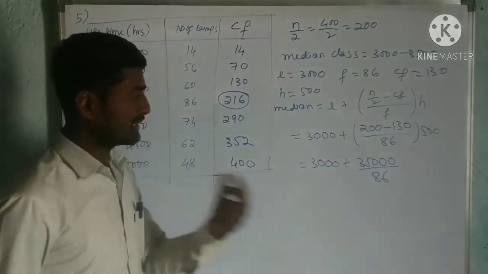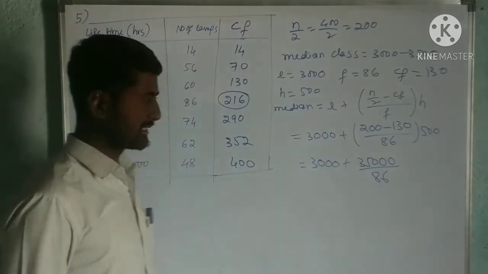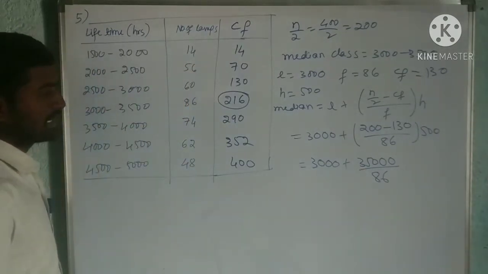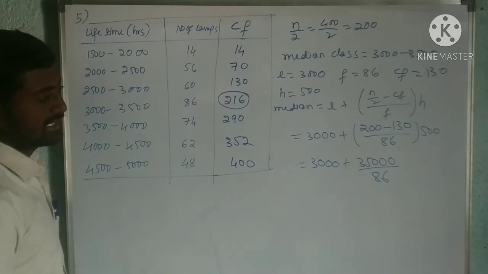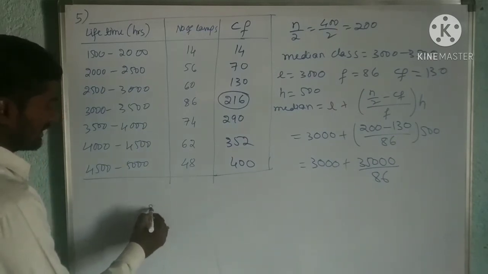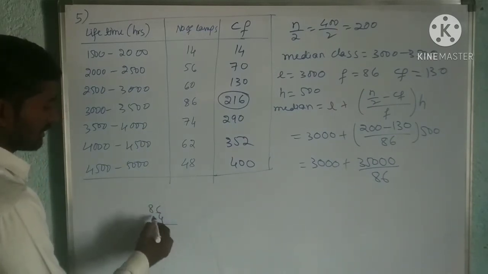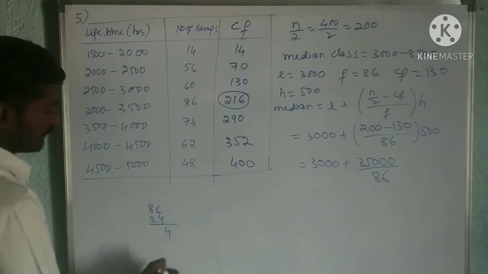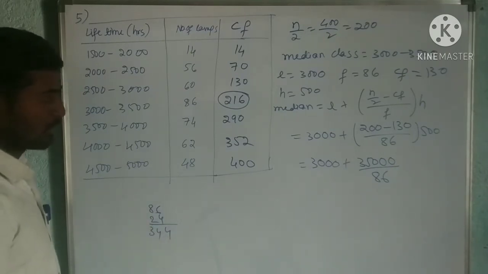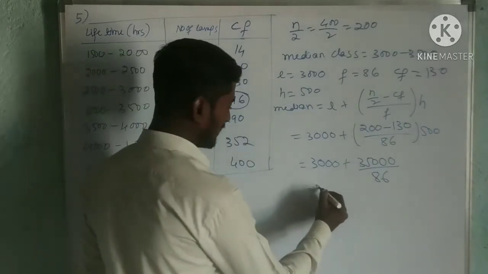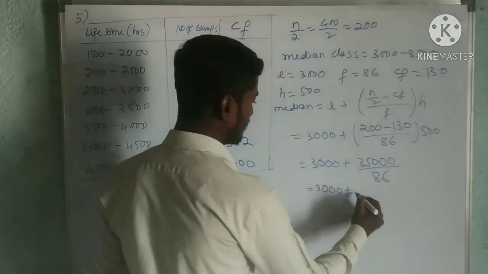Now I can divide 350 by 86. 86 into 4 is 344. So it will become 3000 plus 4.